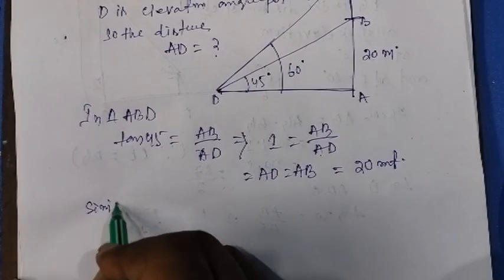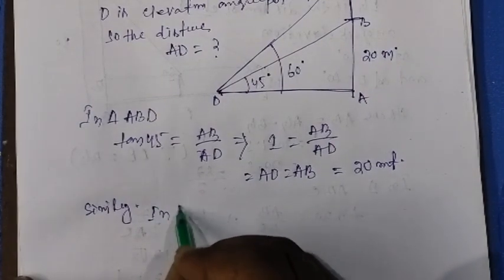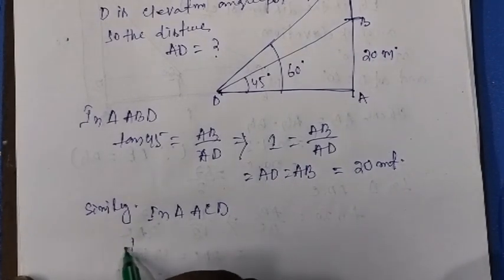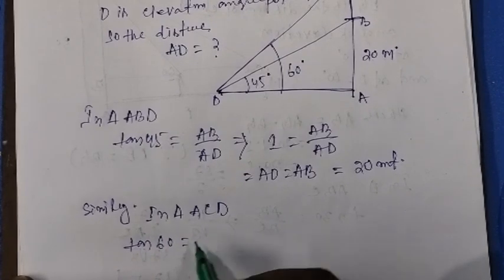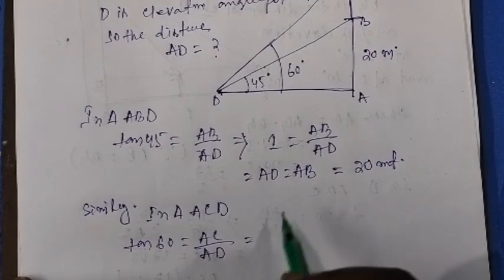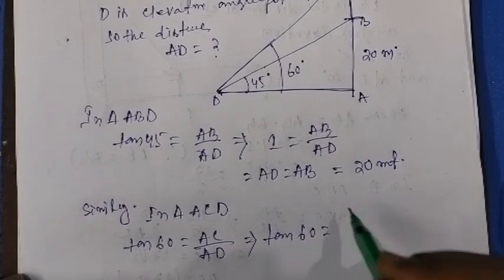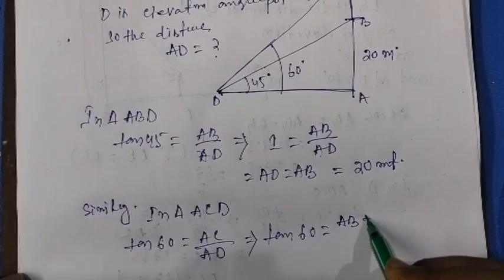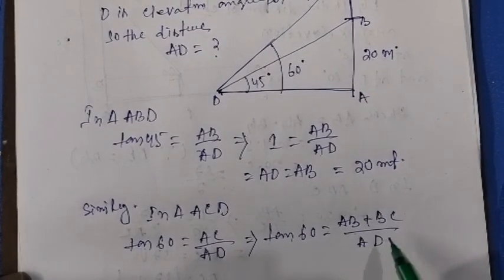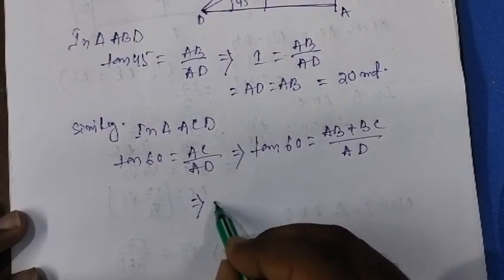Similarly, in triangle ACD, tan 60 is equal to AC by AD, which implies tan 60 is equal to AB plus BC by AD. Tan 60 is equal to root 3.